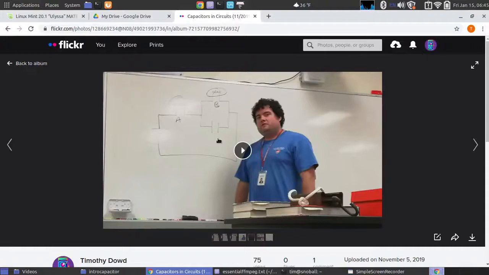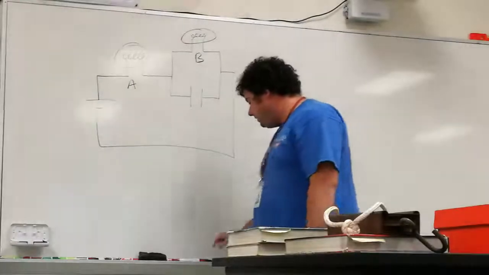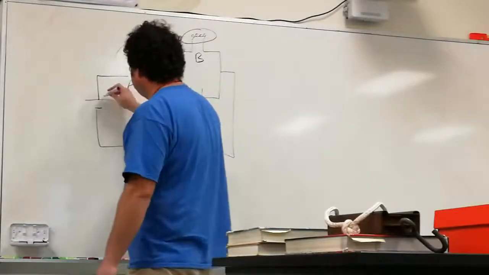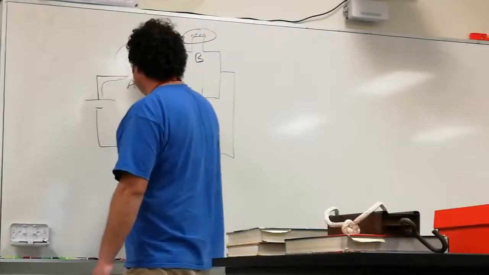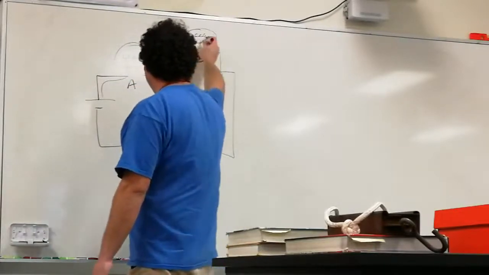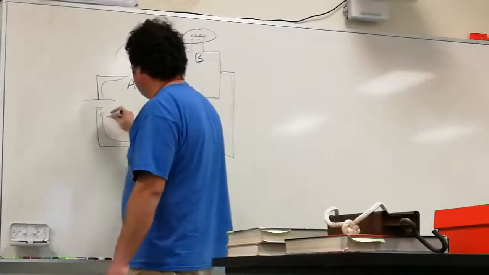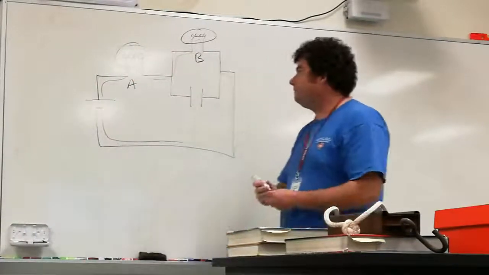Let's now look at a capacitor and a light bulb in parallel with each other and see what happens to currents through the two branches and through the main circuit as the capacitor charges. Basically, if current is going to flow, it could flow in two particular paths. It's going to pass through this light bulb, the second light bulb, and back to the power supply.